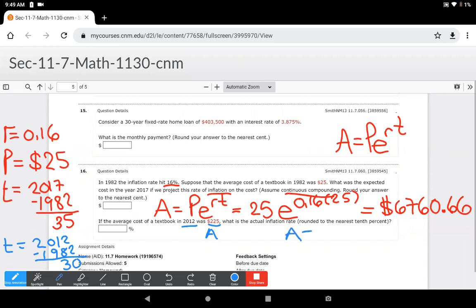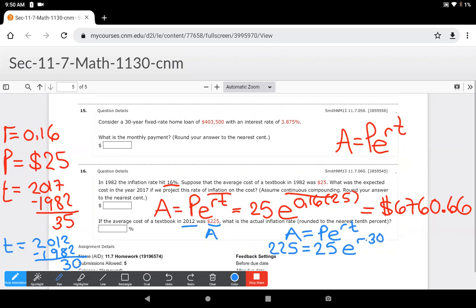So if A equals P times e to the rt, then we have $225 equals $25 times e to the unknown rate for 30 years, right?